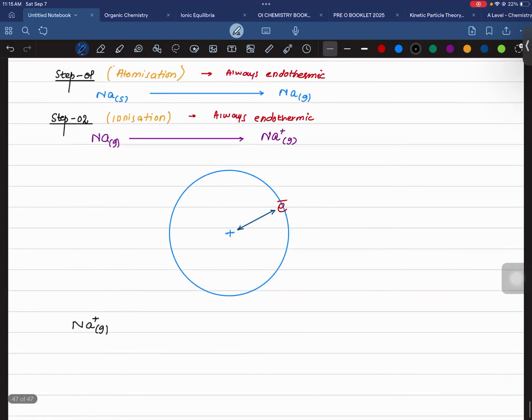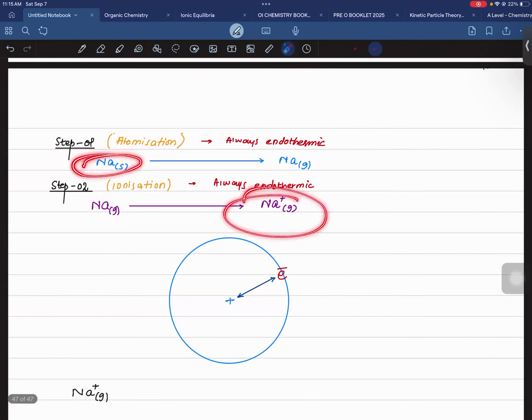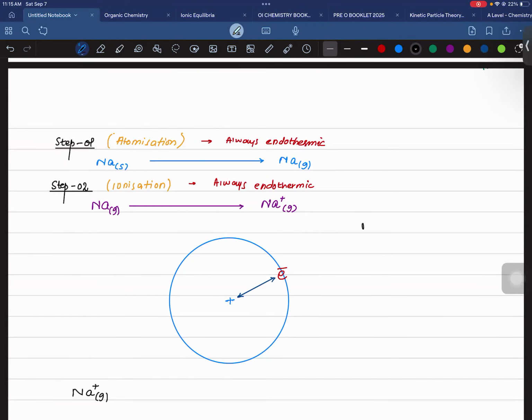Some people think, why didn't you convert this sodium solid into the sodium gaseous ion directly? What's the reason? The thing is that the definition of ionization energy says that an electron can only be removed from the gaseous atom.